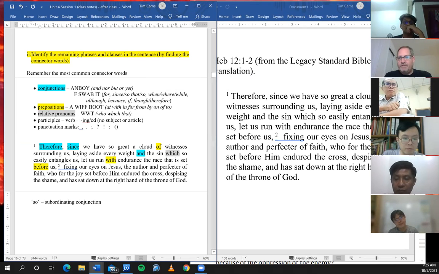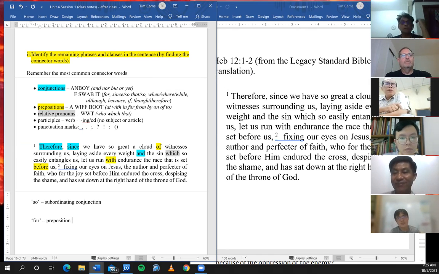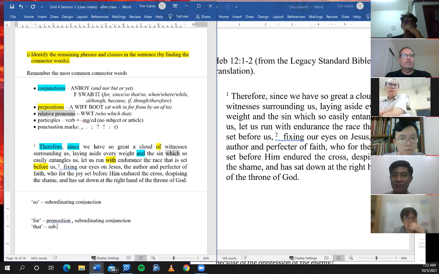They're like little deceivers. The word for can sometimes be a preposition or a subordinating conjunction. The word that can be a subordinating conjunction or a relative pronoun or a regular pronoun.